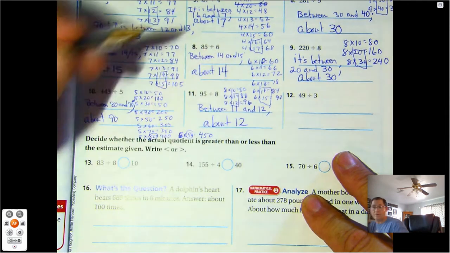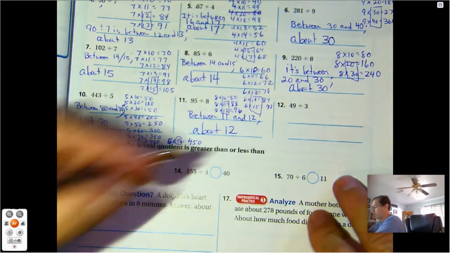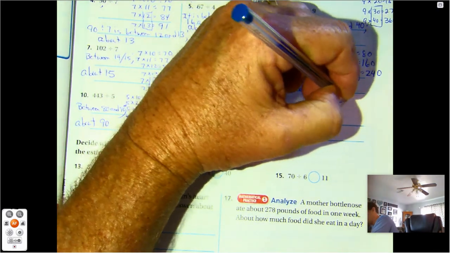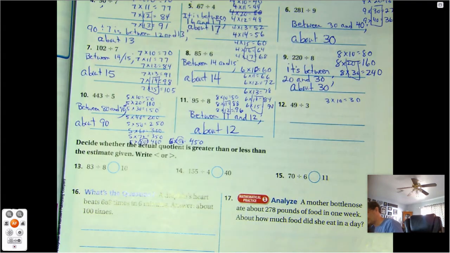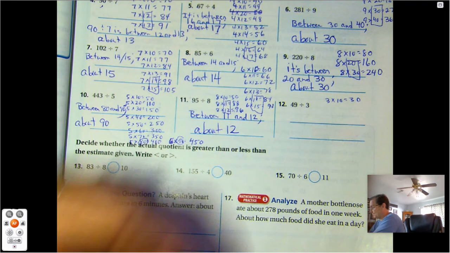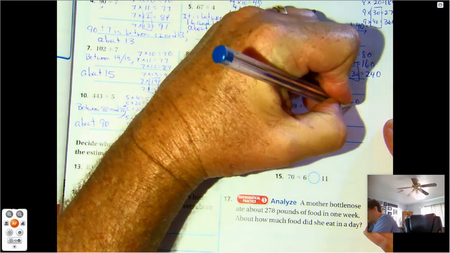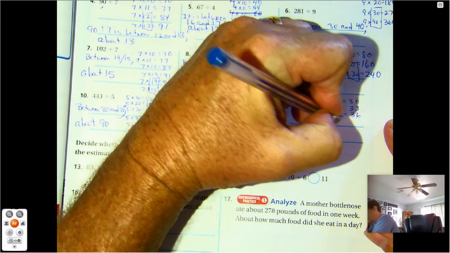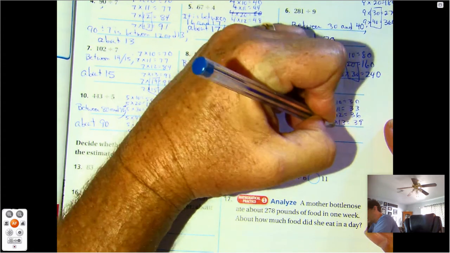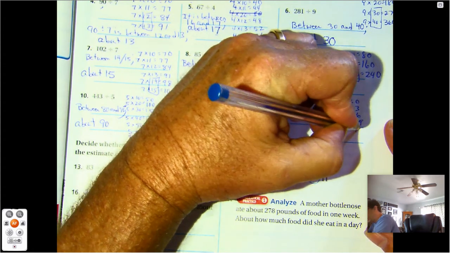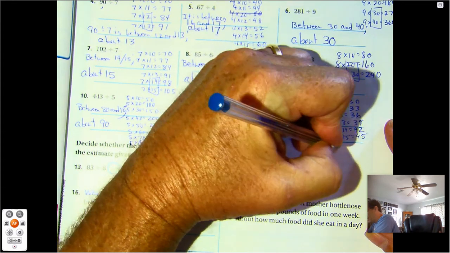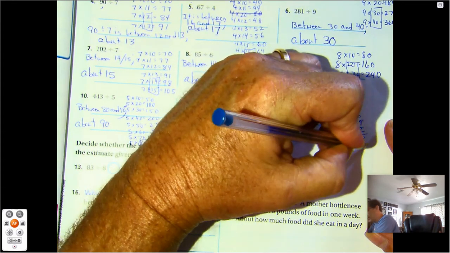Okay, 49 divided by 3. 3 times 10 is 30. I think we can go ahead and keep counting by 3s. 3 times 11, 33. 3 times 12, 36. 3 times 13, 39. 3 times 14, 42. 3 times 15, 45. 3 times 16, 48. 3 times 17, 51.